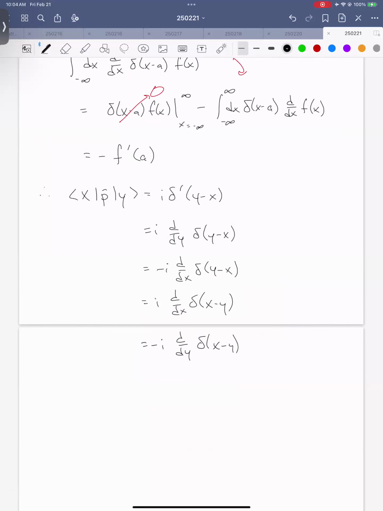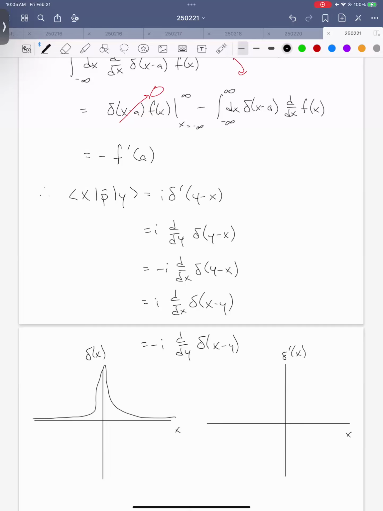Maybe something of potential value for you, some qualitative insight into the delta function. If I have x and I have delta of x, then this is an even function. And so if I look at the derivative of the delta function, this is the slope of it.